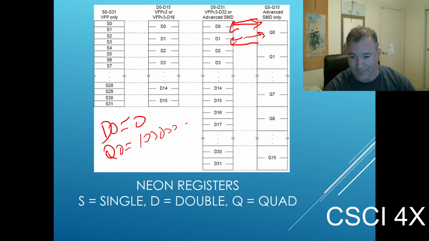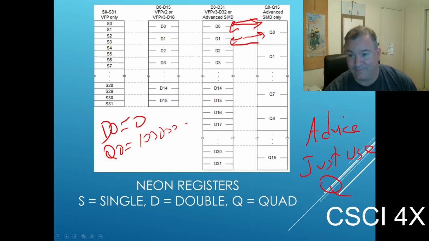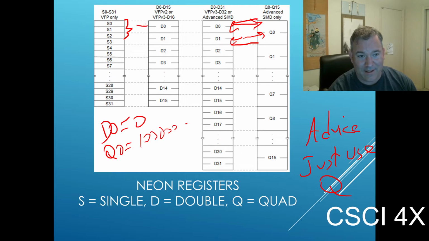So advice, just use the quad registers. That's my advice to you guys. If you mix and match, if you use some S registers, see every 2 S registers is a D register. So S0 and S1 together form D0, and D0 and D1 together form Q0.